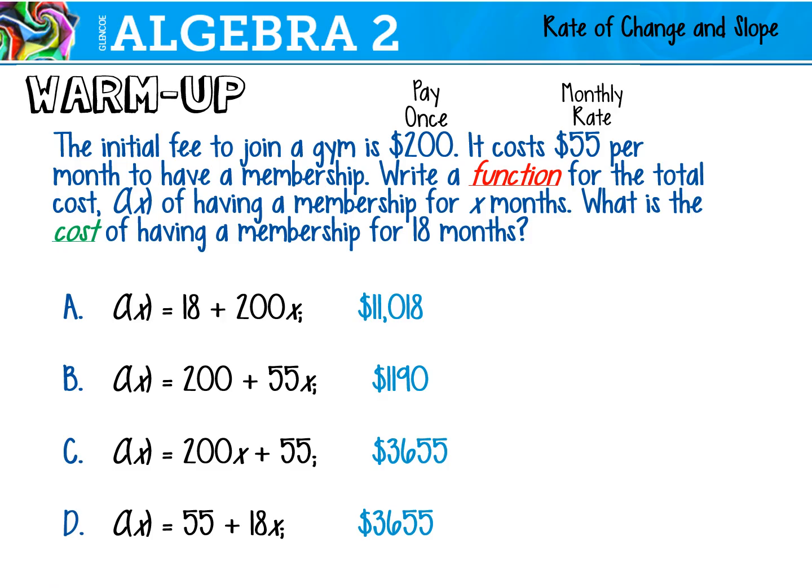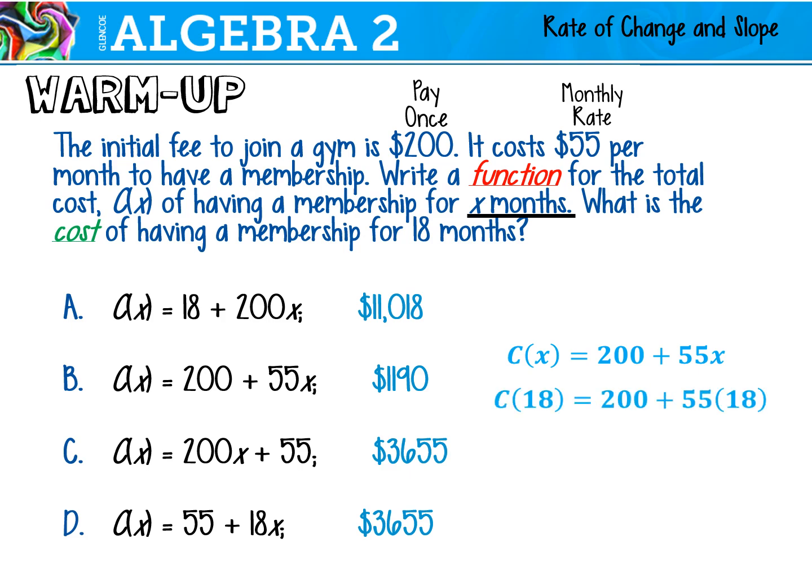Let's see. So we only pay the 200 once, and the 55 is per month, which is X. So that is looking like B, 200 plus 55X. But we need to plug in 18 months.